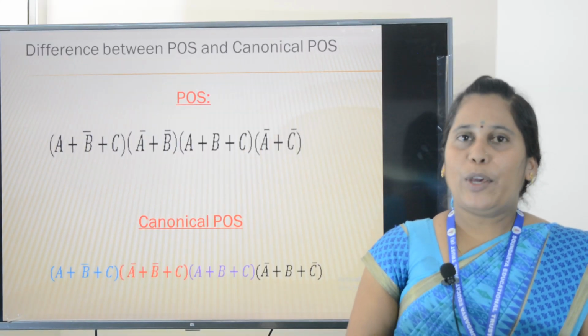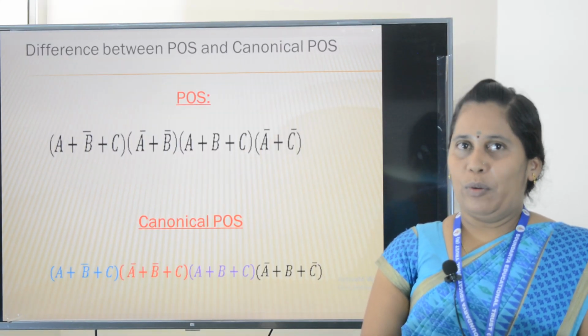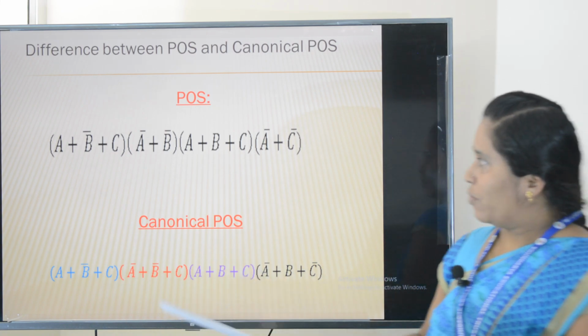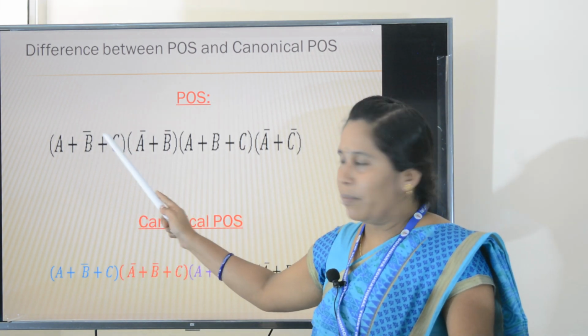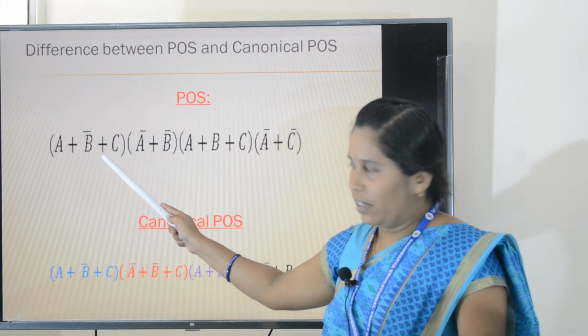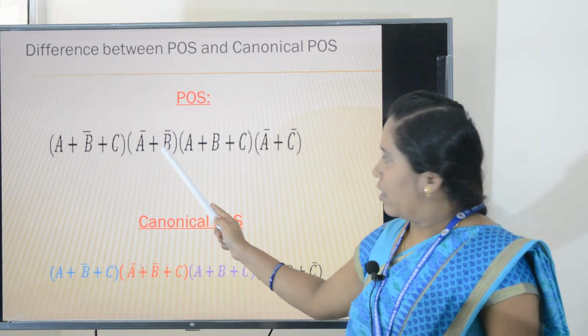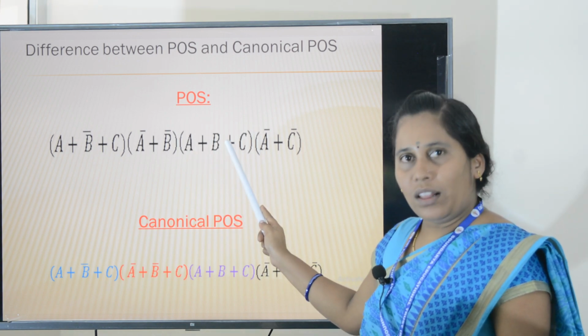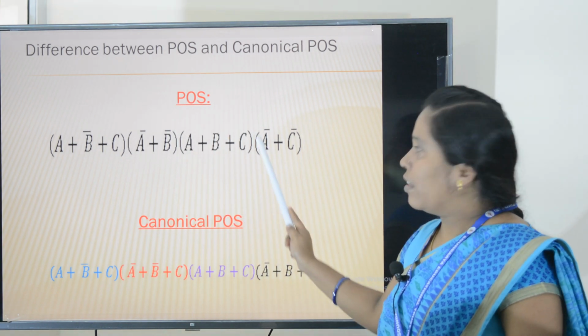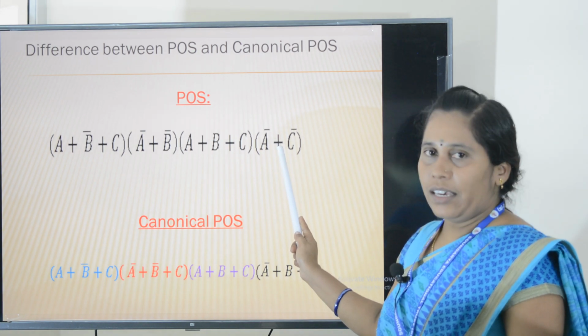Difference between POS and canonical POS. In the POS form, in the first sum term all the variables are present. In the second sum term, the variable c is missing. In the third one, all the variables are present, but in the last one, the variable b is missing.